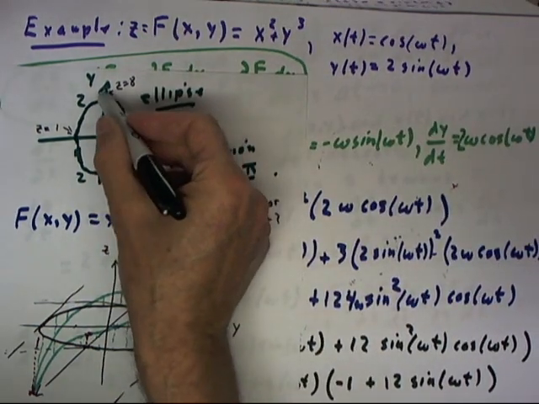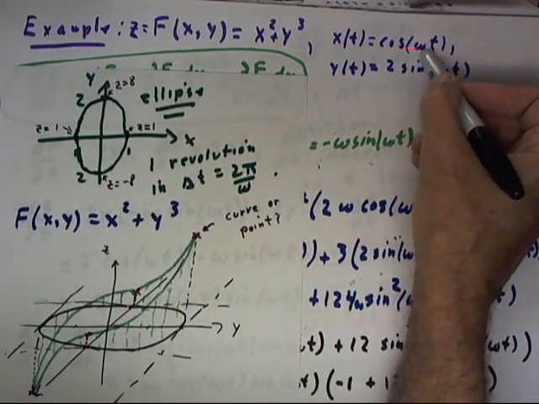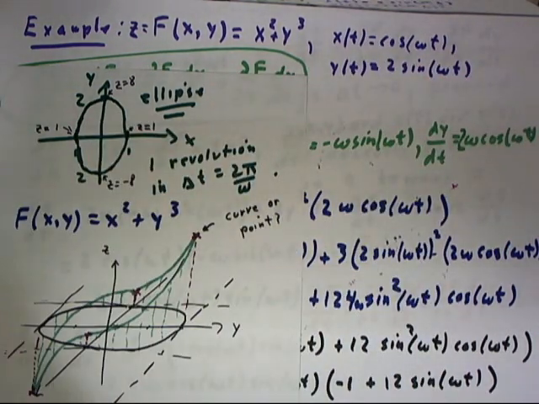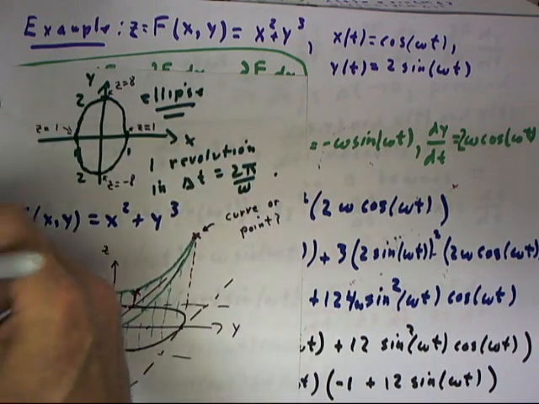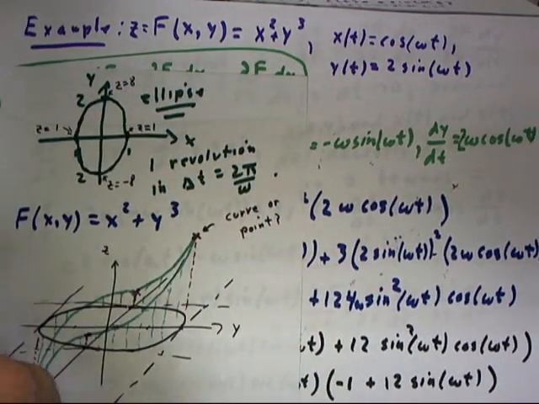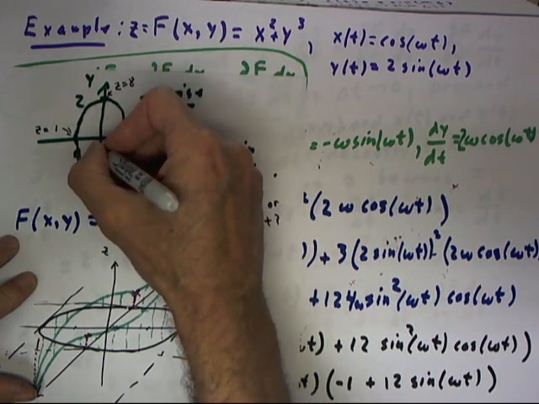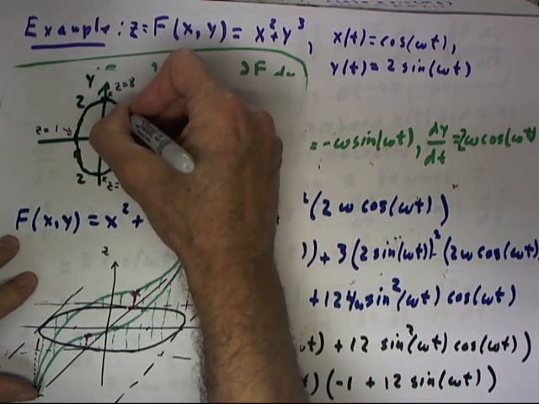But halfway in time between here and here, the y-coordinate, the sine, is going to be equal to the cosine, so the y-coordinate is going to be twice as big as the x-coordinate, which means that we move from here to a point that's past the 45-degree point on the graph, where y is twice as big as x. Now, if we were to draw the line y equals 2x, with a slope of 2, that would put us about here.